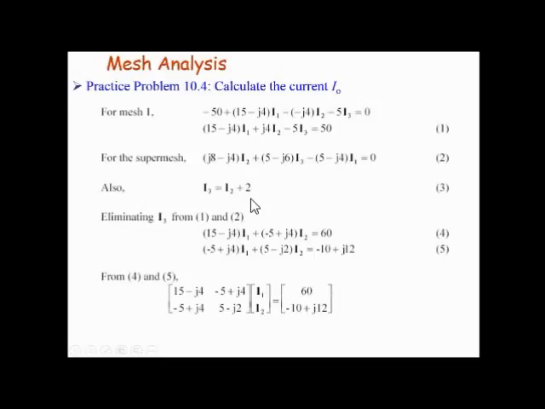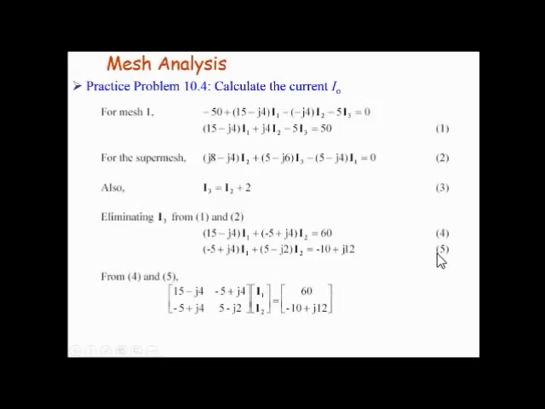Now we need to eliminate I3 from these two equations, that is equation 1 and 2. So by using some techniques, I3 can be replaced as I2 plus 2 in these two equations, and we get some new equations, 4 and 5.